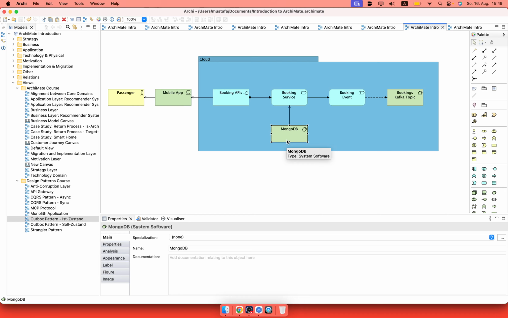According to the textbook on the design pattern itself, you also find the transaction nature. There is no way that you can enforce a transaction on both the MongoDB and the Kafka message broker at once.